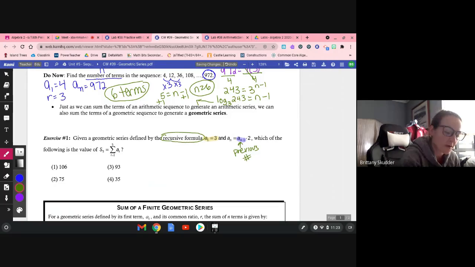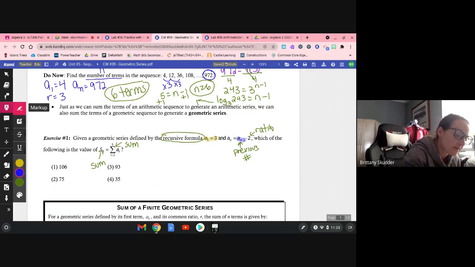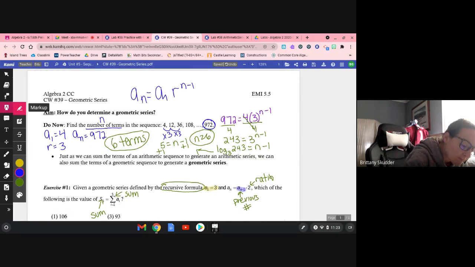Okay, so if we were talking in geometric terms, this would really be our ratio, what you would be multiplying by, that times 2. Which of the following is the value of the big S you learned yesterday means sum? Okay, we also learned that this big sigma also means sum. Okay, so we're trying to find the sum from term 1 to term 5.